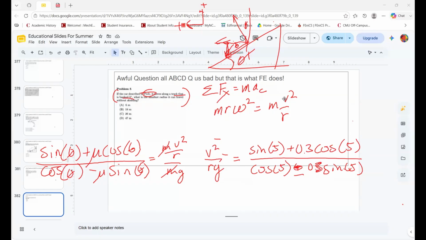Let me do this real quick on the calculator. 0.3 sine 5, okay, I guess like 0.39. And you leave g over here, and then 10 squared equal r.